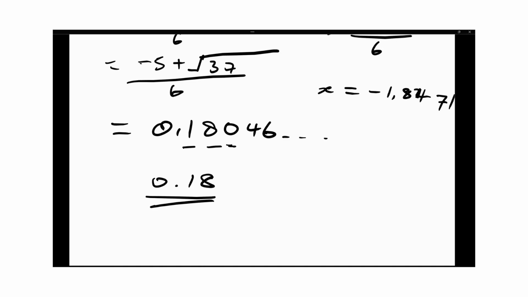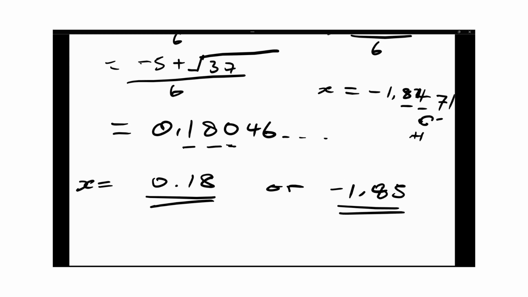This is our answer. And then we look at the 2 decimal places on the other one. This one is greater than 5, we round up. So we add 1 here, which gives -1.85. Okay, so we have our x values.